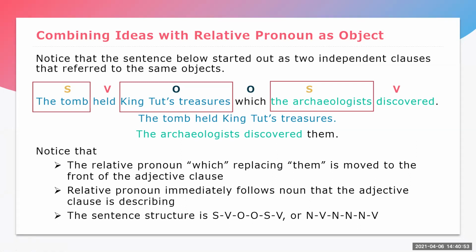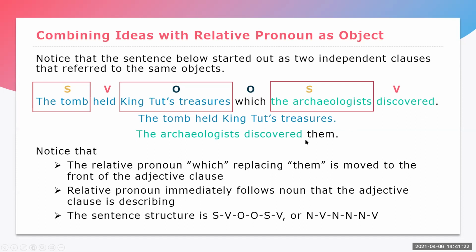And then these objects are then followed by the subject of the adjective clause and its verb. So you end up with subject, verb, object, object, subject, verb. Notice too that the verb discovered is no longer followed by an object since it's been moved to the beginning of the adjective clause.